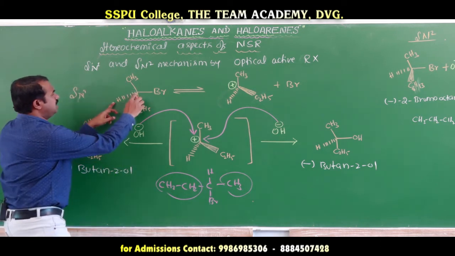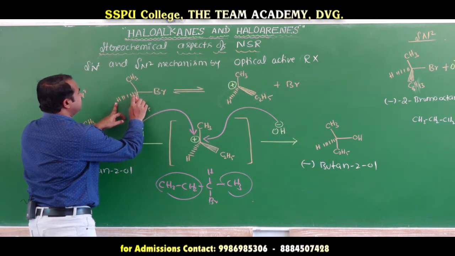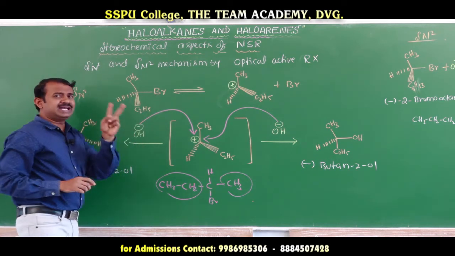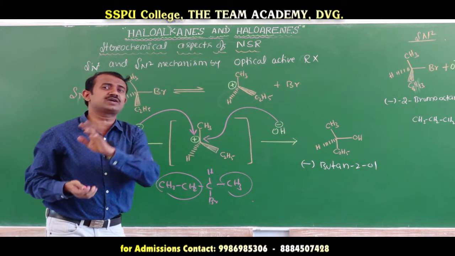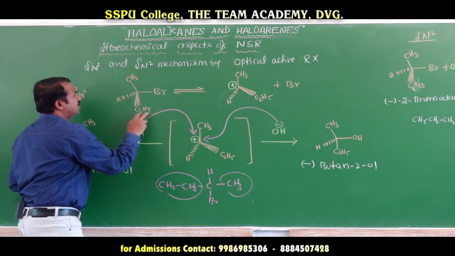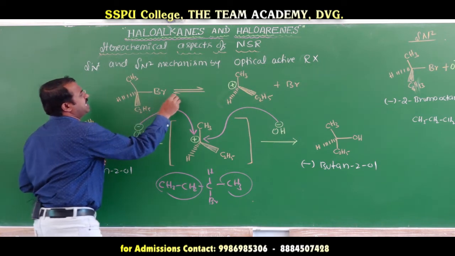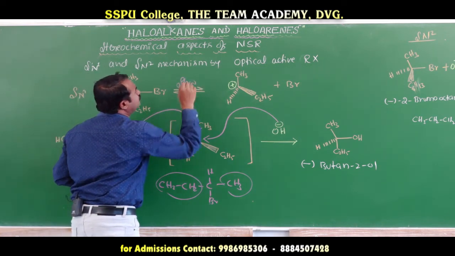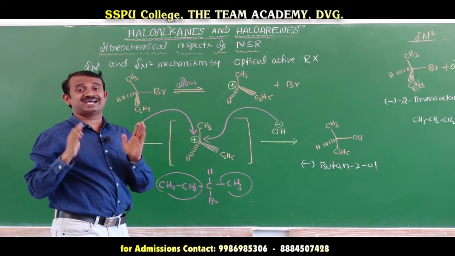In the SN1 reaction, the mechanism involves two steps. First, the optically active compound reacts very slowly to form the carbocation, that is, ionization.